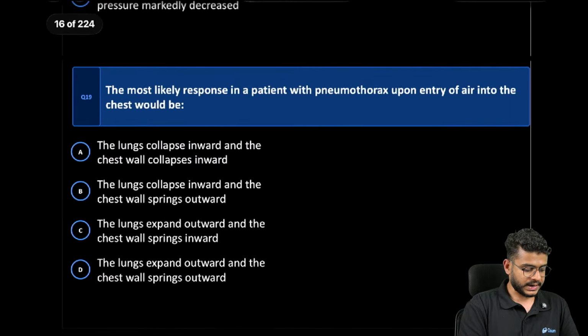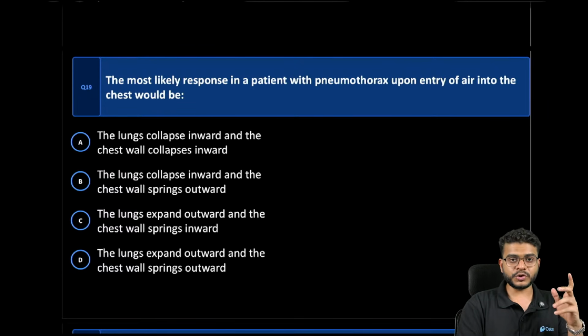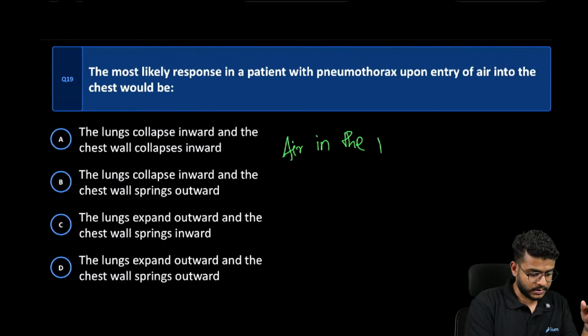Okay, the next question: the most likely response in a patient with pneumothorax upon entry of air into the chest would be. So pneumothorax is the presence of air in the pleural space.